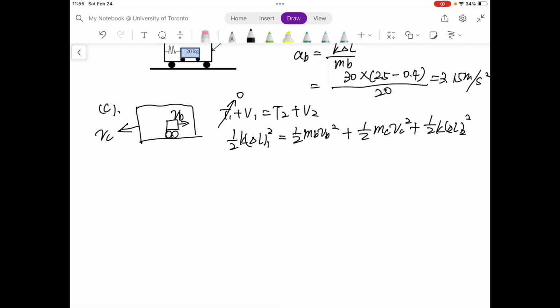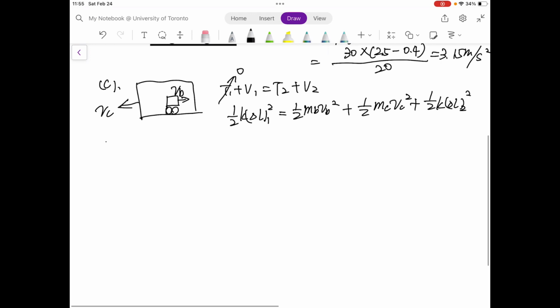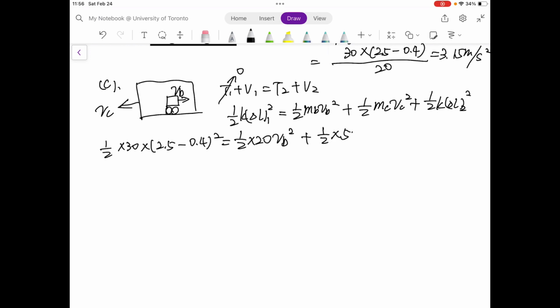We call this 1. So it will be 1 over 2 times 30 times (2.5 minus 0.4) squared is equal to 1 over 2 times 20 vB squared plus 1 over 2 times 50 vC squared plus 1 over 2 times 30 times (2.5 minus 1.5) squared.